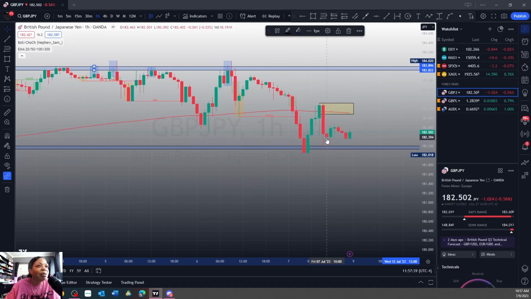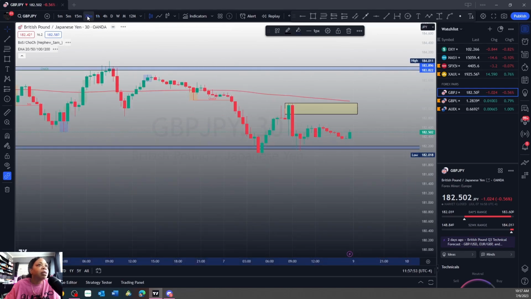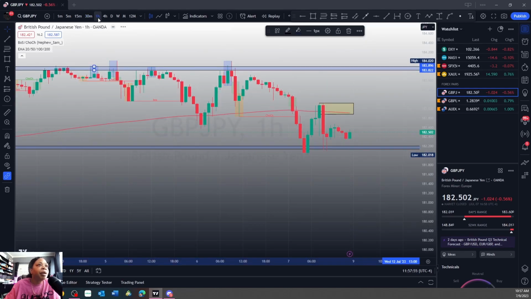But there's still some indecisiveness in the market and some low volume last week. So the 200 EMA is also trending below that. So we may have some supply areas pop up. But right now, with GJ, we're just going to wait as well and see.